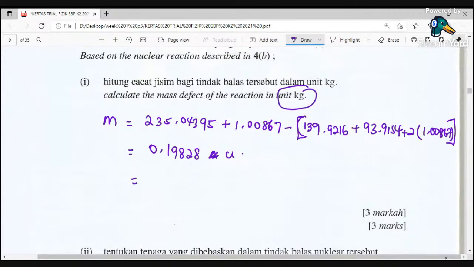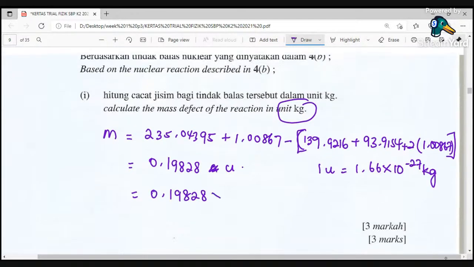So the relationship between 1 u and kilogram is 1 u equals 1.66 times 10 to the power negative 27 kilograms. So we get 0.19828, converted to kilograms, multiply by 1.66 times 10 to the power negative 27.